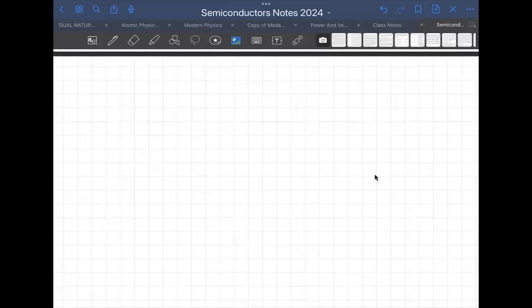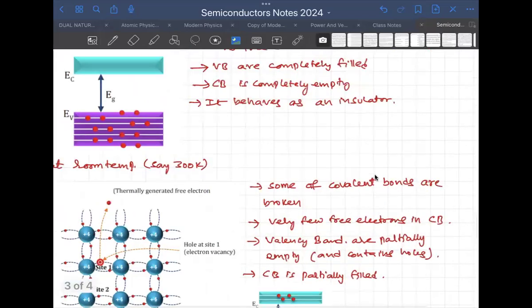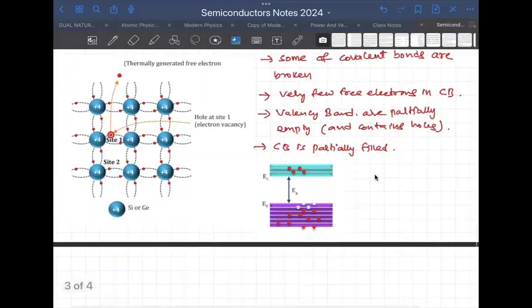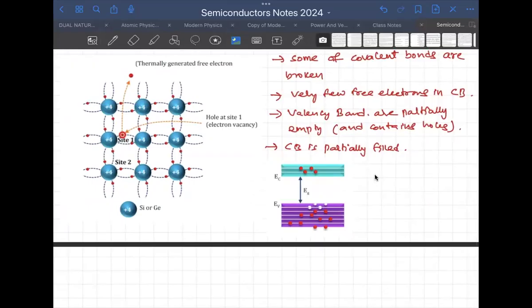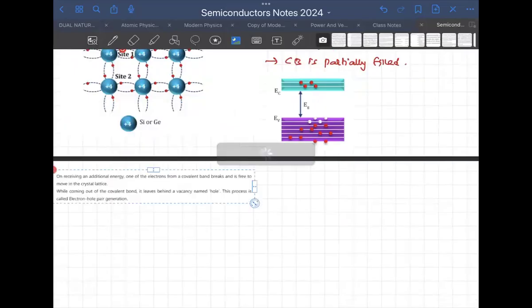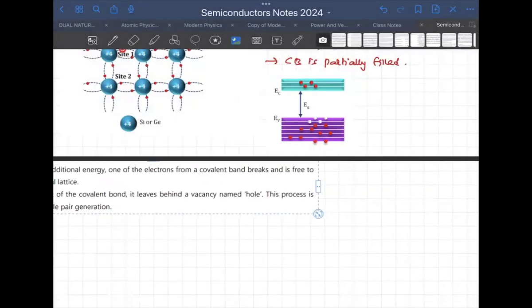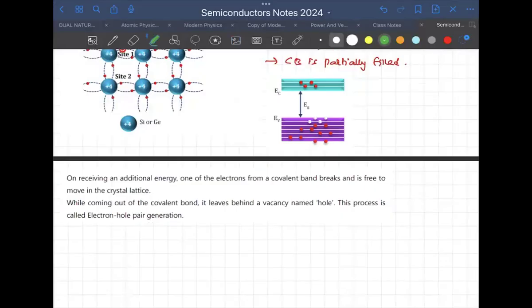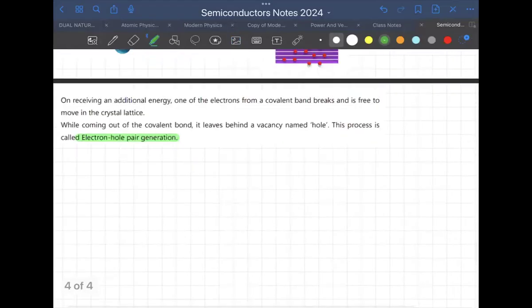While it comes out of the covalent bond, it leaves a vacancy which is called a hole, and this process is called electron hole pair generation. Remember, this is a very important term.